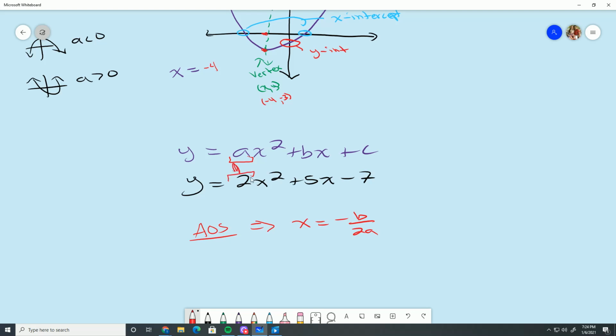So I'm going to connect them right there. Similarly, B is only the coefficient on your second term. And C is only that coefficient, that constant technically, which is -7. So here literally you would say A equals 2, B equals 5, and C equals -7.